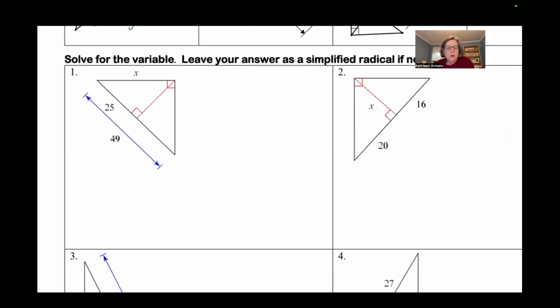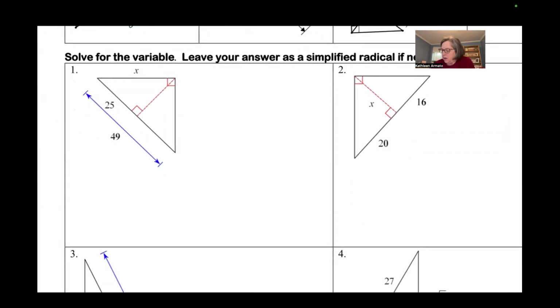All right, so let's do some examples where we actually find values. And here, X, notice, is a leg of the original triangle. So I'm going to use the leg rule, which would be that X squared equals the entire hypotenuse times the part of the hypotenuse adjacent to X, which would be this.